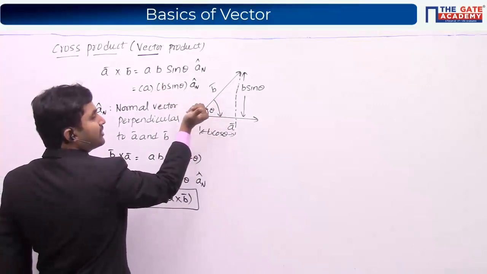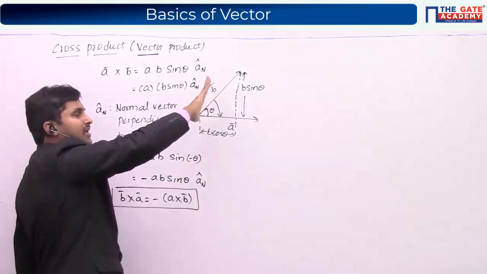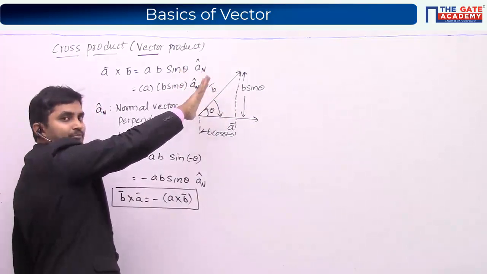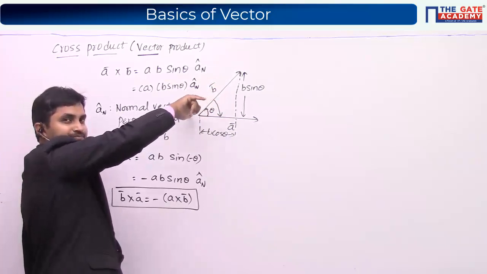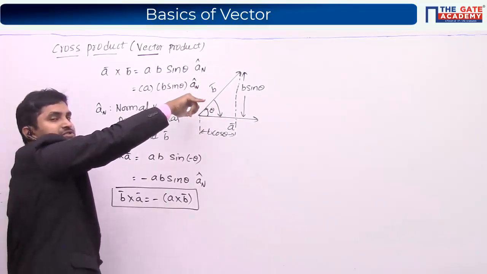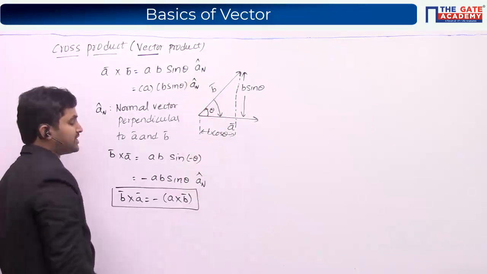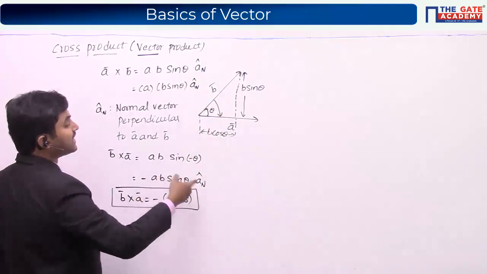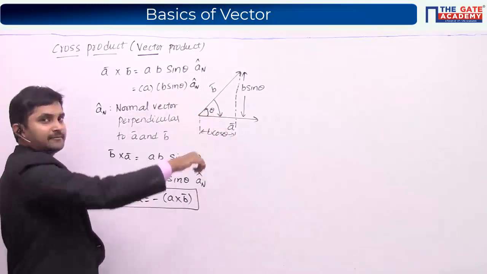Now it is going inside the board. This is where the direction comes into the picture. A to B like this, B to A like this. The direction is going to be minus An bar. Initially it was An bar, now it is minus An bar.